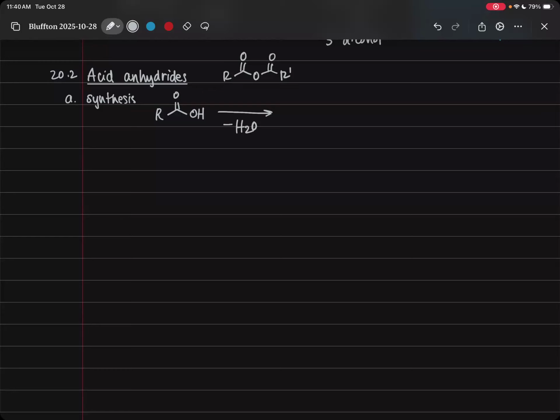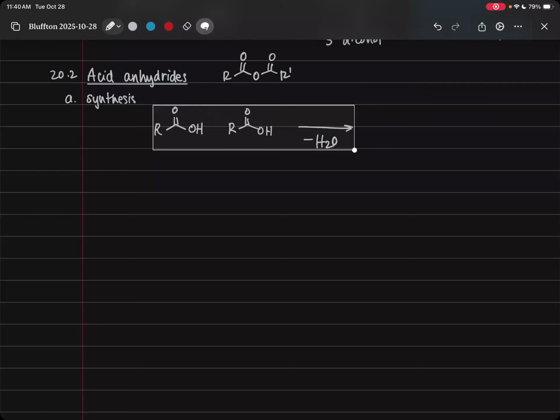Okay. So let's say we actually have two equivalents. If we remove water, okay, well, we get rid of OH and H. That gets rid of H2O.